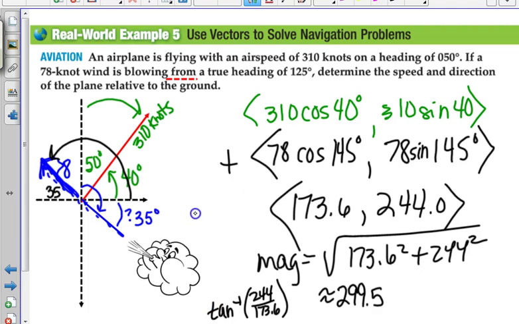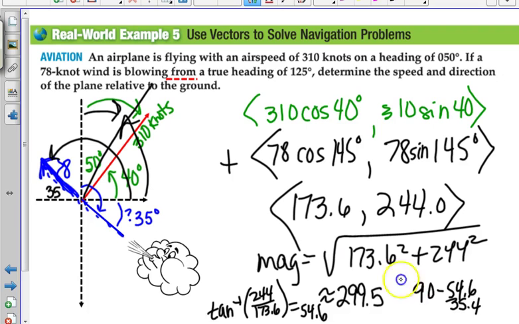Okay, what is that angle off of the... This is off of x. Whenever we do inverse tangent on our calculator, it's off of x, right? We want the bearing. So how would we find that? If the plane actually is here at 54.6, its bearing is 90 minus 54.6, which is 35.4.